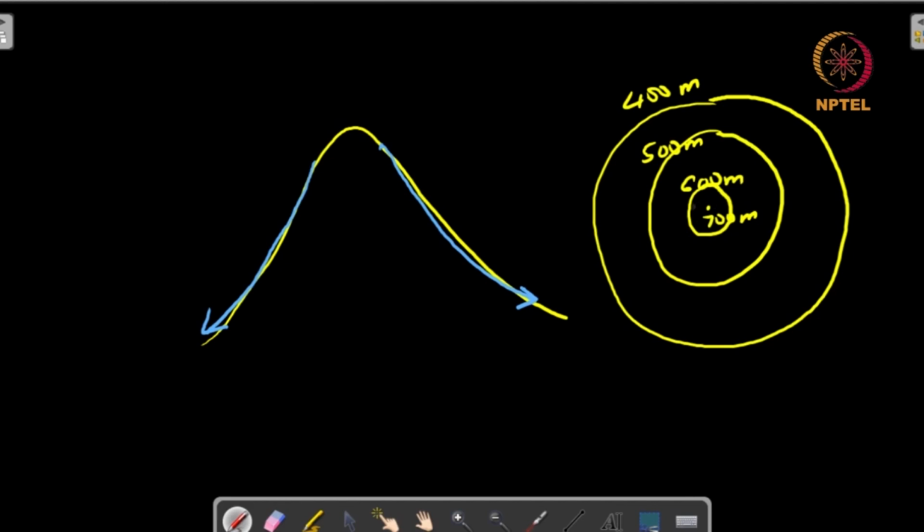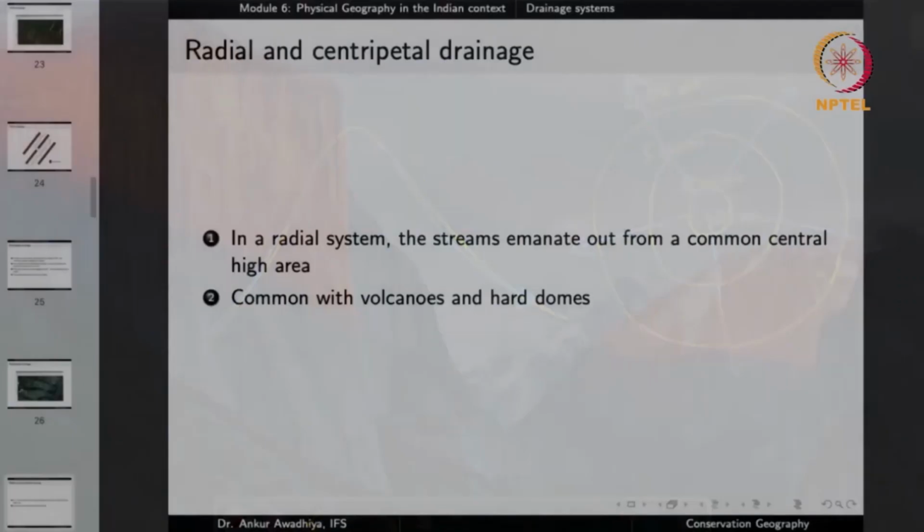Now in this case, if a stream is moving in this direction, it will move like this. Another stream will move like this. Another stream will move like this. Another stream will move like this. So all the streams are moving away from a common point, because this common point is at an elevation and the water has to follow the slope. So in this case, you get a radial drainage.